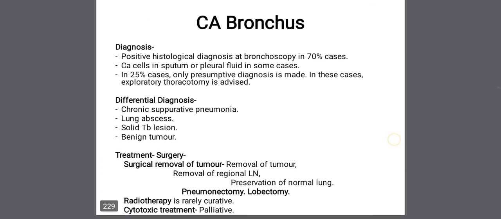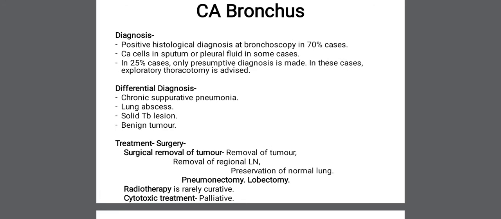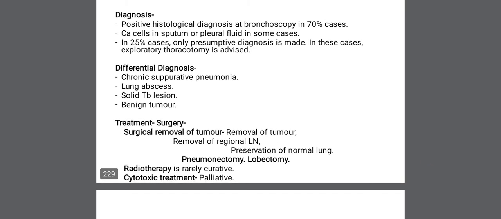In the unproven case, a carcinoma is most likely to be confused with chronic suppurative pneumonia, lung abscess, solid tubercular lesion or benign tumor. So you will have to differentiate with these cases.